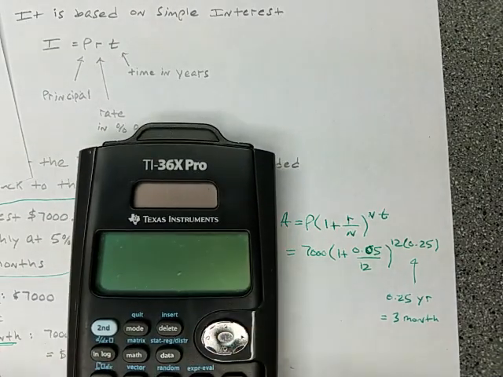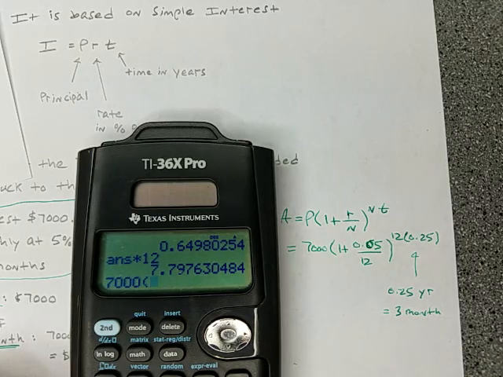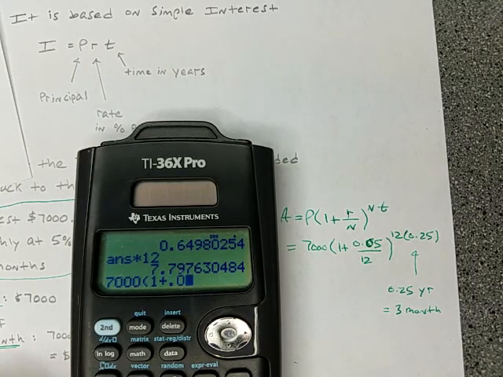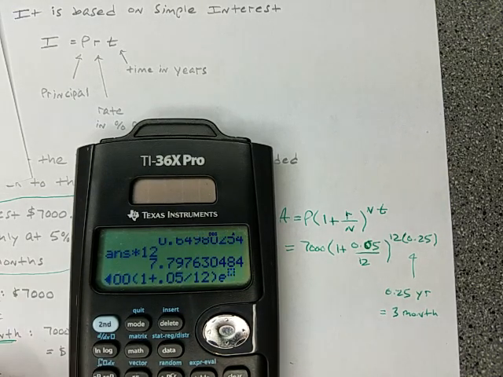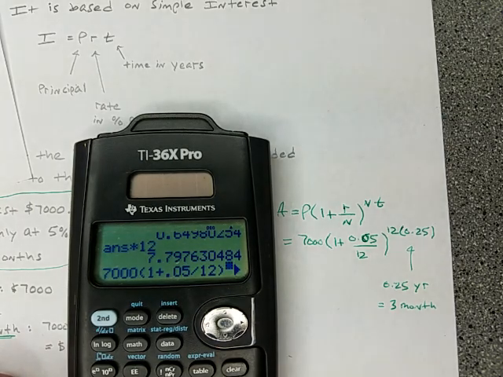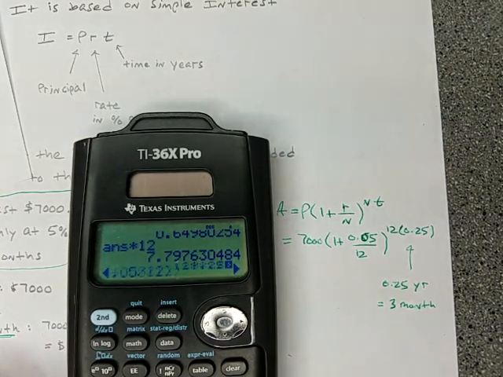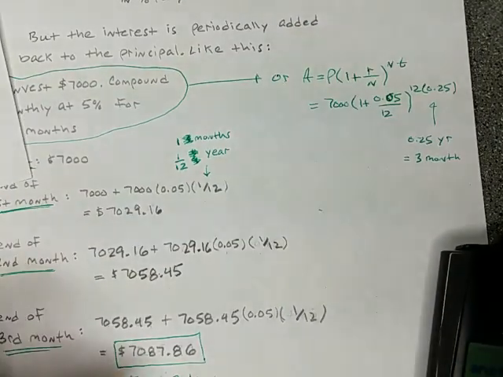So 7,000 times 1 plus 0.05 over 12, raised to the power 12 times 0.25. Then I'm going to press enter, and I'm expecting to get that.